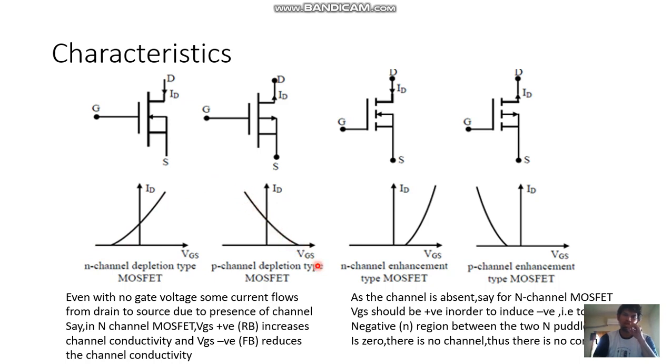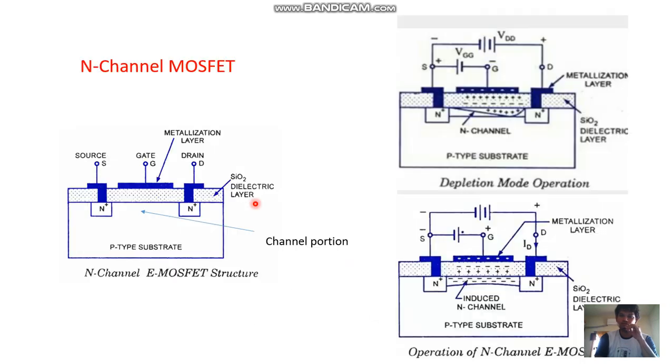Because for a P channel, these two are P and this channel is N. To reduce this channel, we have to inject positive to this, and negatives are induced in this one.